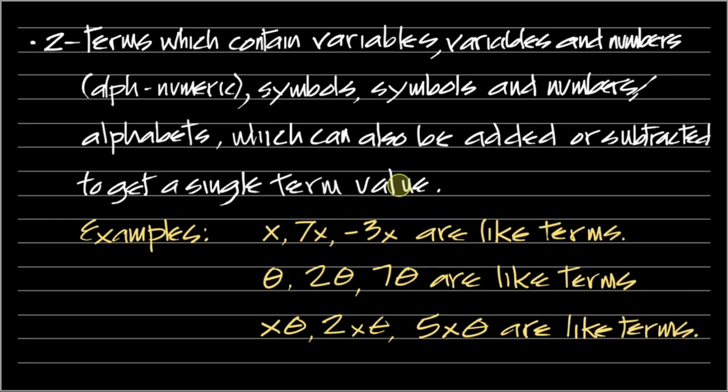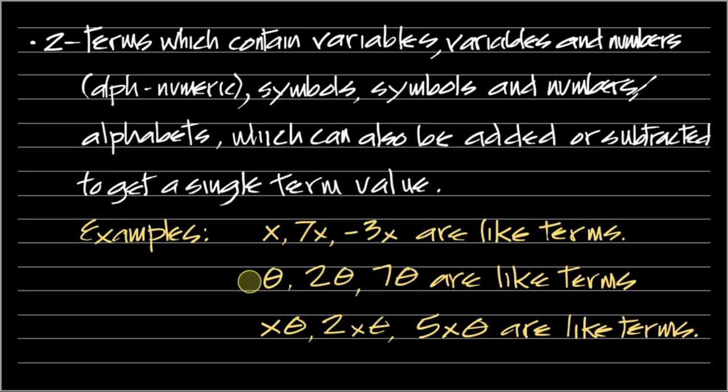We're still talking about like terms. Examples: x, 7x, -3x are like terms. They all have the same type of variable to the same degree of exponent. X to the power 1, x to the power 1, and they are all like terms. They can be added or subtracted.